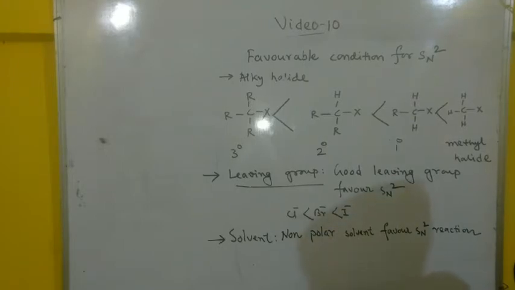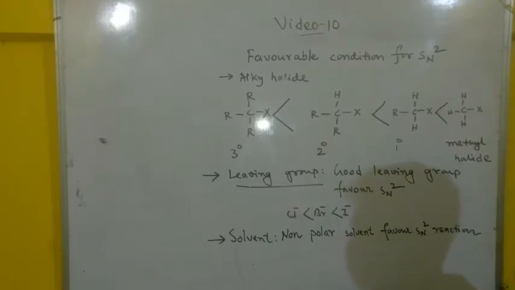SN1 reaction is a two-step reaction. In the first step, a carbocation is generated, and in the second step, the nucleophile attacks the carbocation from two sides to give the racemic product. And SN2 reaction is a one-step reaction, where nucleophile attack and leaving group departure take place simultaneously.